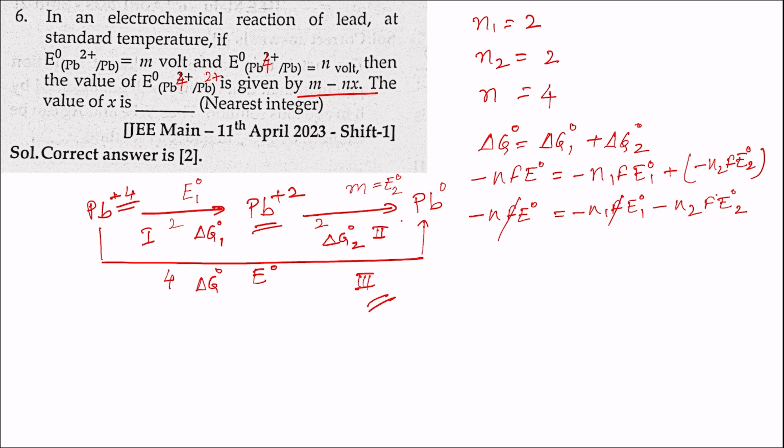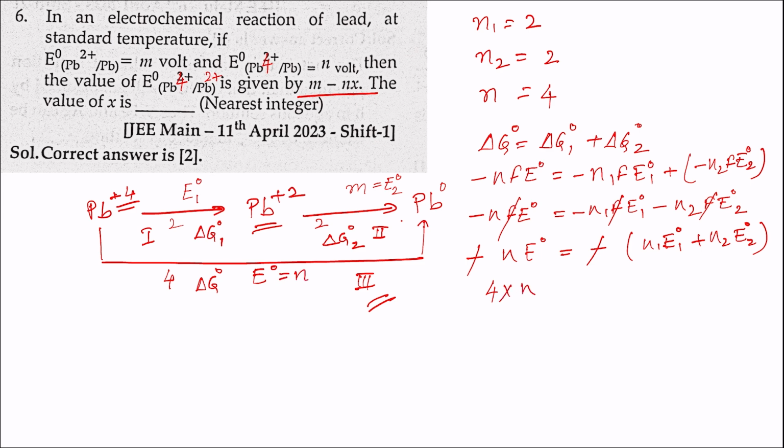F gets cancelled, and taking the minus sign in common, this becomes minus N E naught is equal to minus N1 E naught 1 plus N2 E naught 2, minus minus cancels. Now putting the values, value of N is 4 into E naught value for the third step is given as n volts.